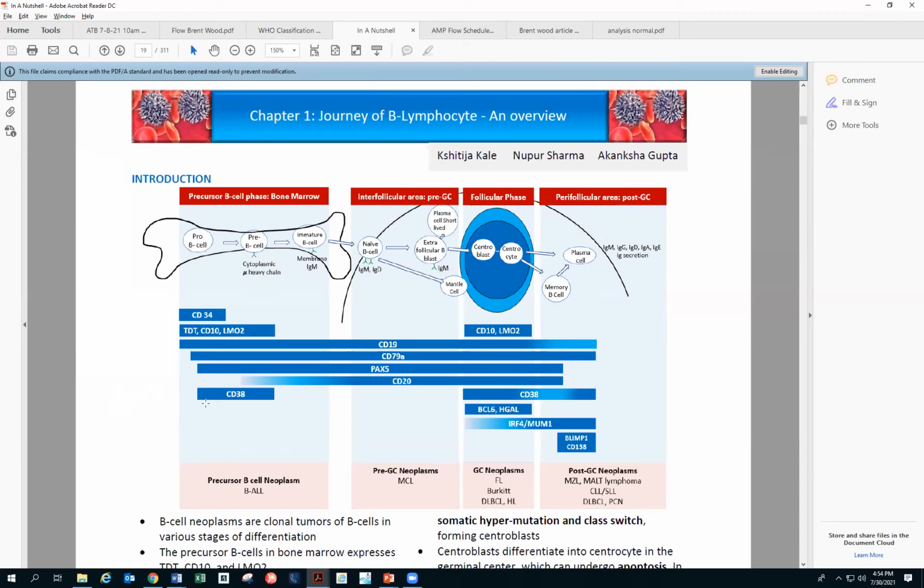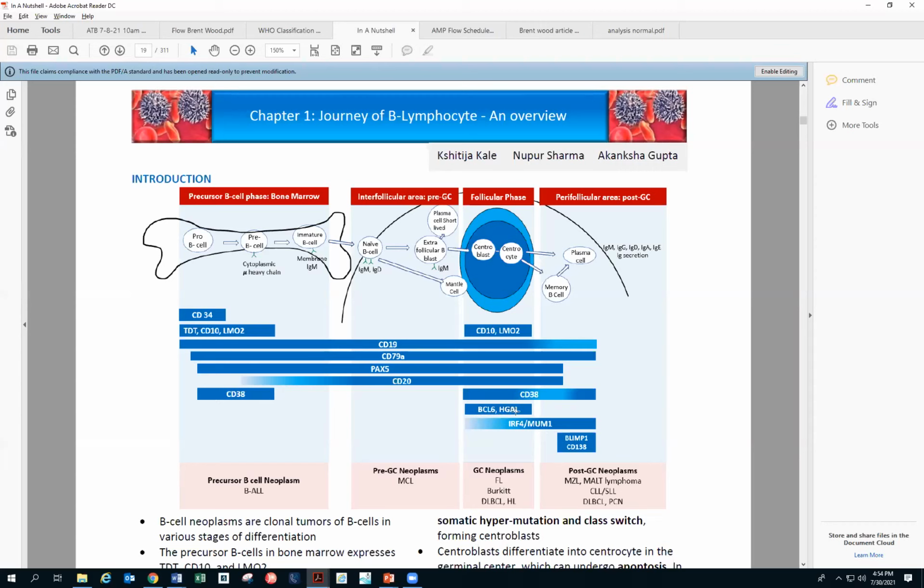CD38, we see in the immature forms over here. And then the CD38 dips in the memory B cell, and again we call CD38 a plasma cell marker. However, it is also present in the germinal center. Now BCL6, we know that it is a germinal center marker.